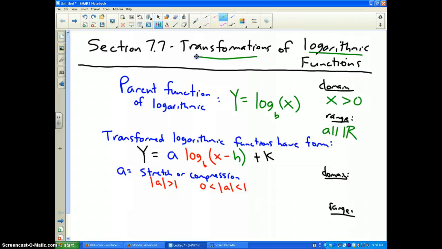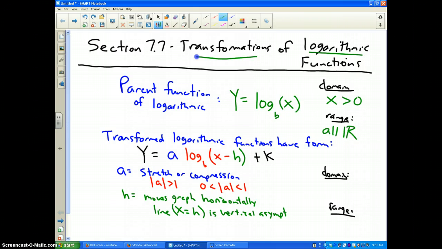The h value moves the graph horizontally. But in this particular case, also the line x equals h is the vertical asymptote. Because remember, log functions also have a vertical asymptote, so the line x equals h is that.